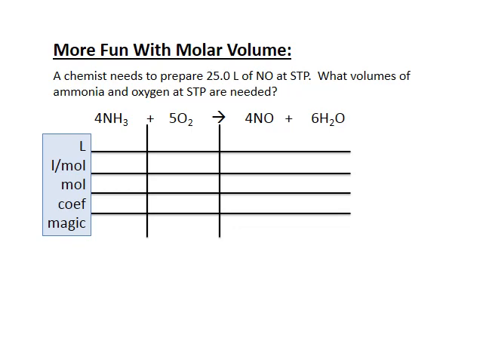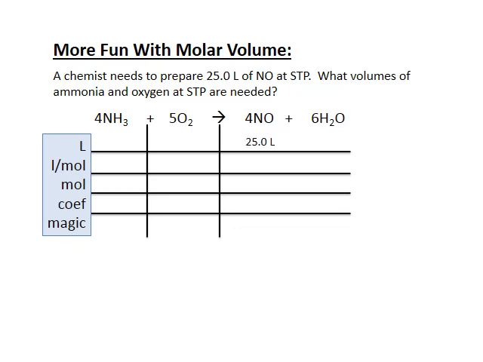I think it was proposed a couple of years ago, I don't know where it went to, as an alternative fuel for vehicles. So you could use compressed ammonia and oxygen from the air to run your car potentially. So if you have spare moments, you could look that up and see what became of that as a proposed alternative fuel. But anyways, I want to make 25 liters of this nitrogen monoxide for some reason.